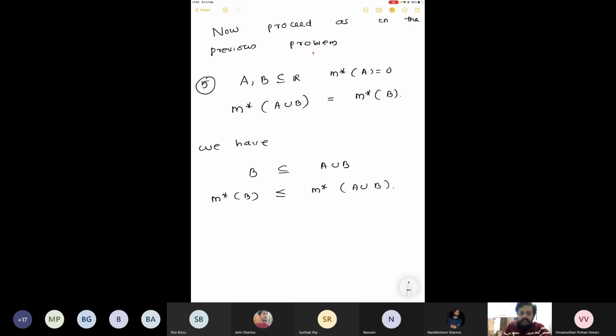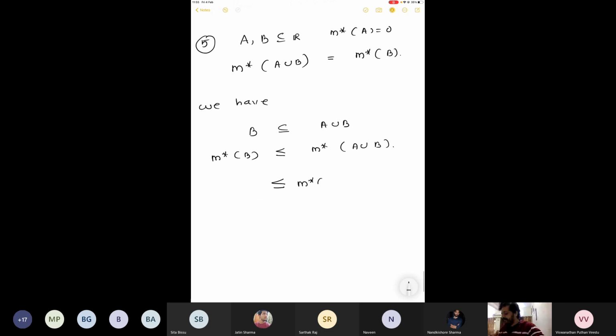Okay. Now apply countable subadditivity. This is less than or equal to m star of A plus m star of B. Subadditivity. Be very careful while using additivity. Additivity you can use only on measurable sets. And m star of A is given to be 0, I hope.